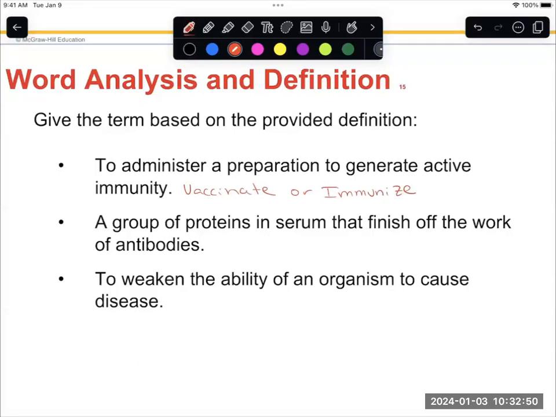A group of proteins in serum that finish off the work of antibodies. This would be complement. Complement is a group of proteins that destroys bacteria and other cells to weaken the ability of an organism to cause disease.